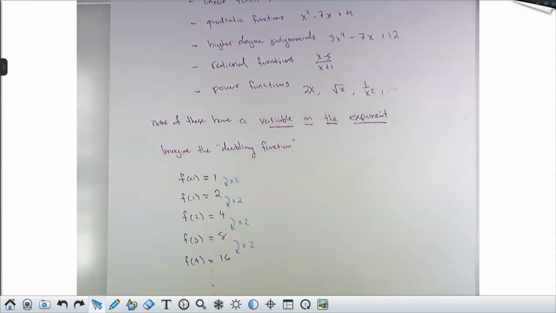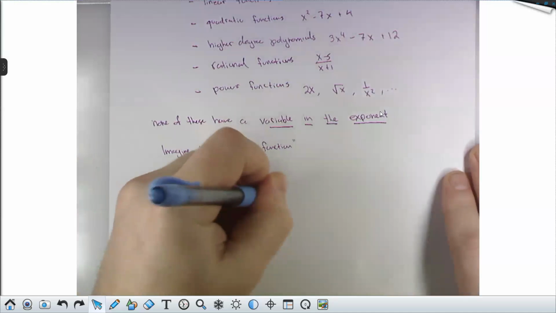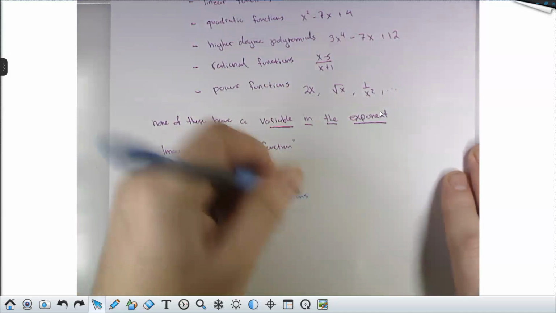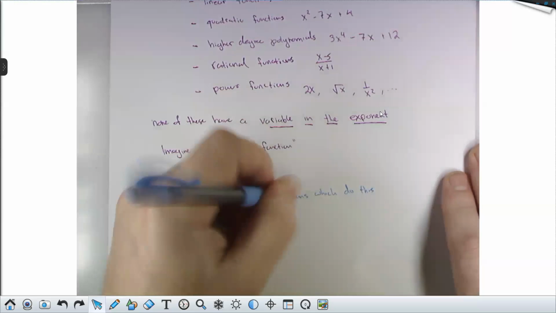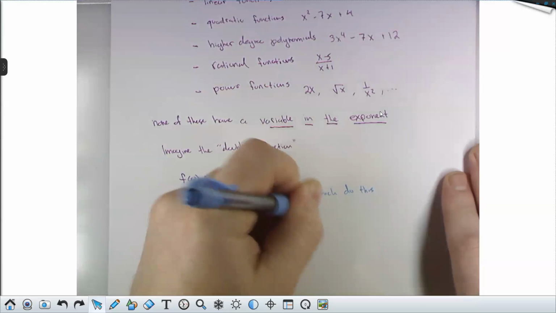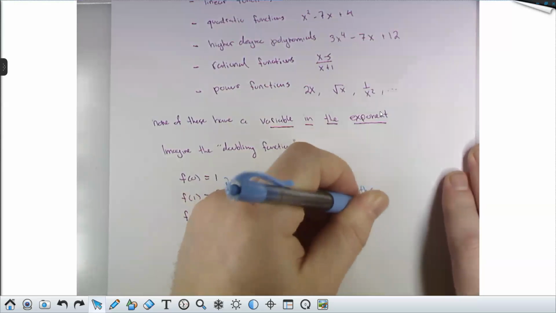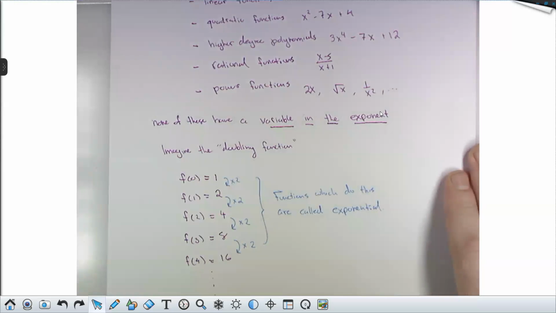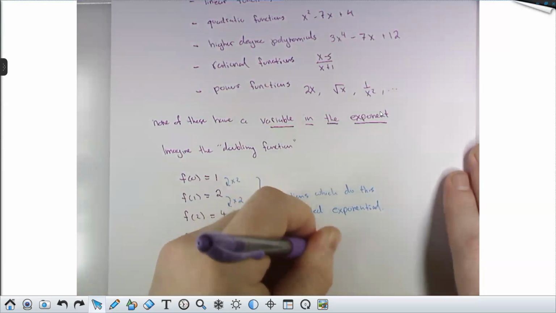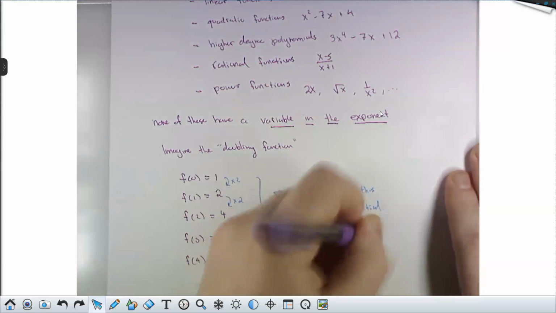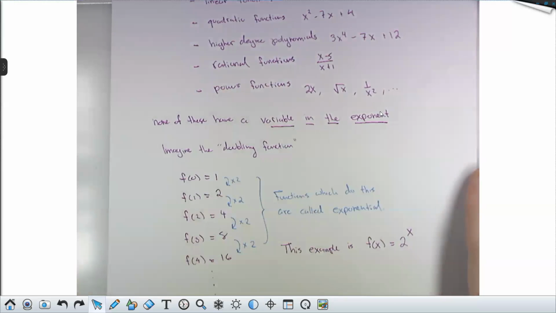Functions which do this sort of thing, and it doesn't have to be a doubling, are called exponential. The example here is f of x equals 2 to the x.